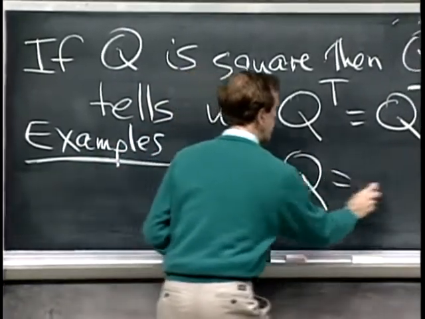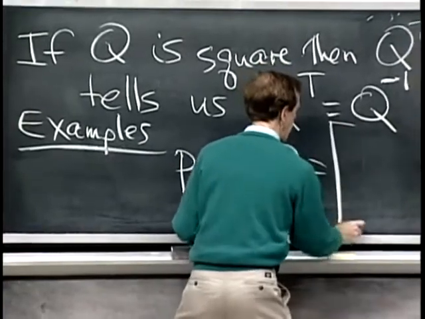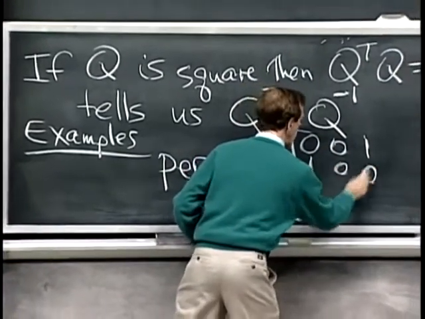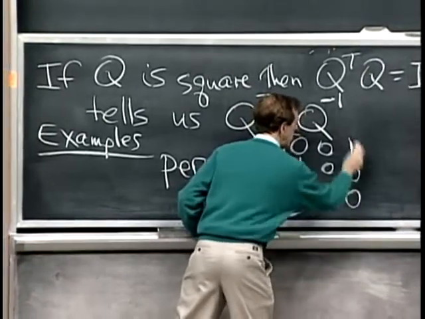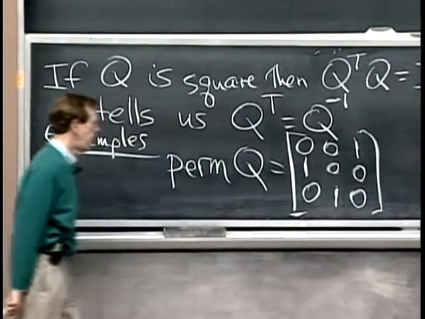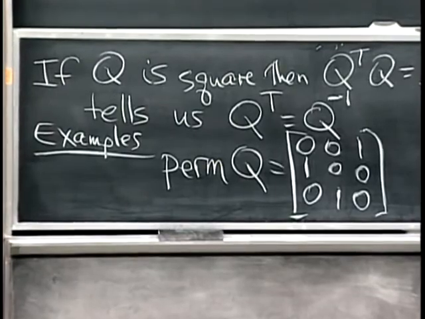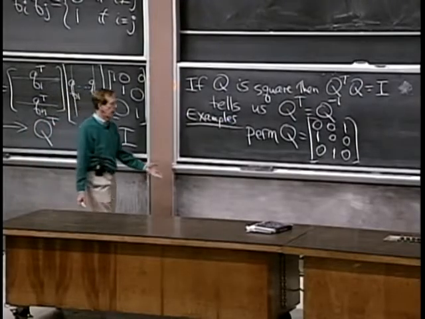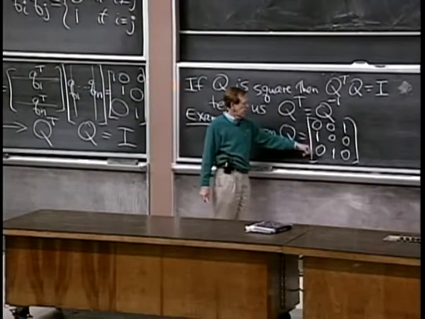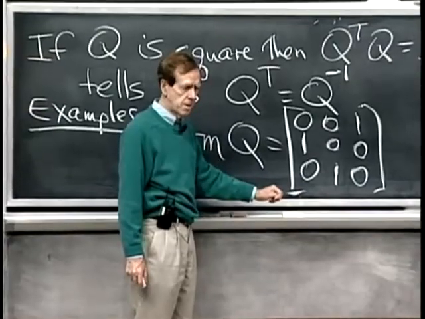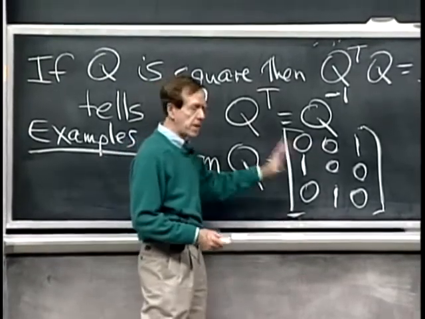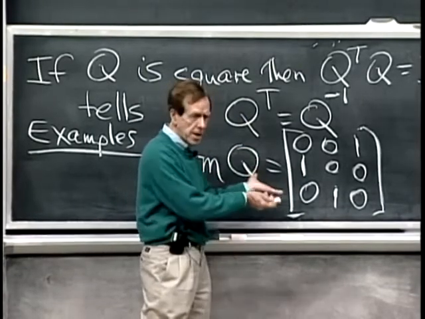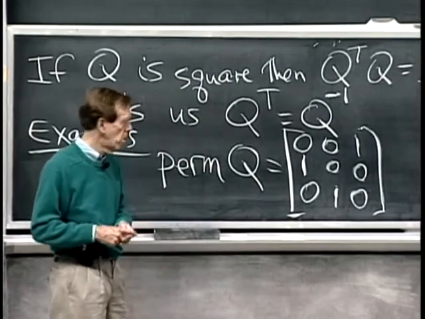Q equals, let's say, I'll make it 3 by 3, say 0, 0, 1, 1, 0, 0, 0, 1, 0. That certainly has unit vectors in its columns. Those vectors are certainly perpendicular to each other. And so that's it. That makes it a Q.